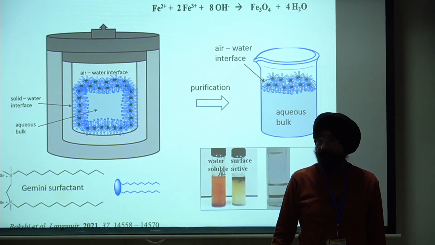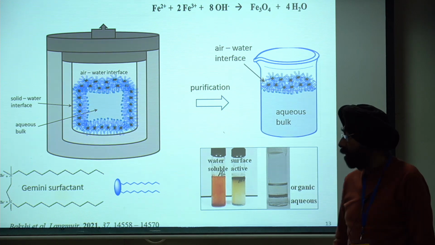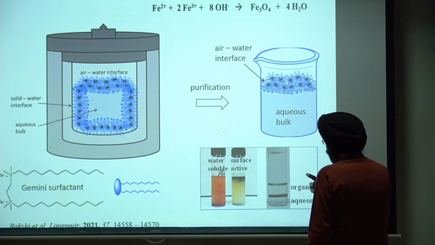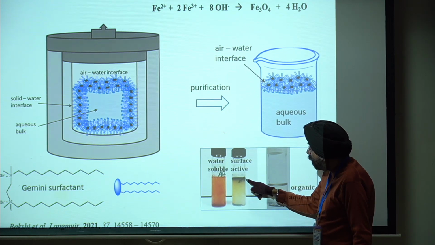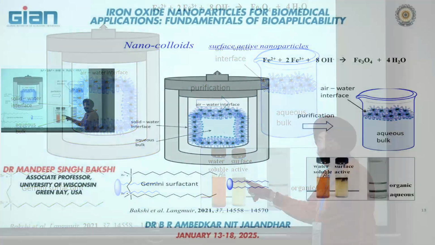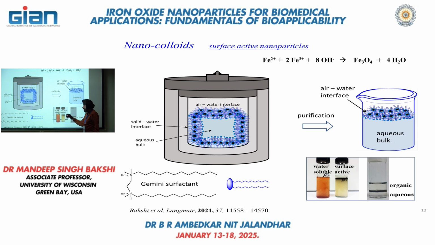It's a rust color. The surface active ones are not suspended. You see the black band? The black band consists of very tiny particles which are only arranged at the interface.